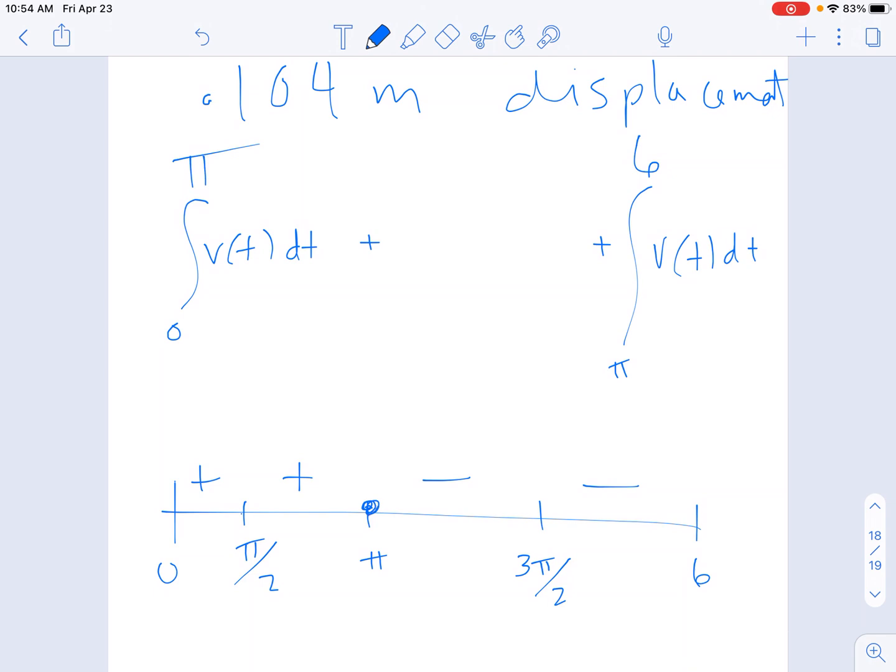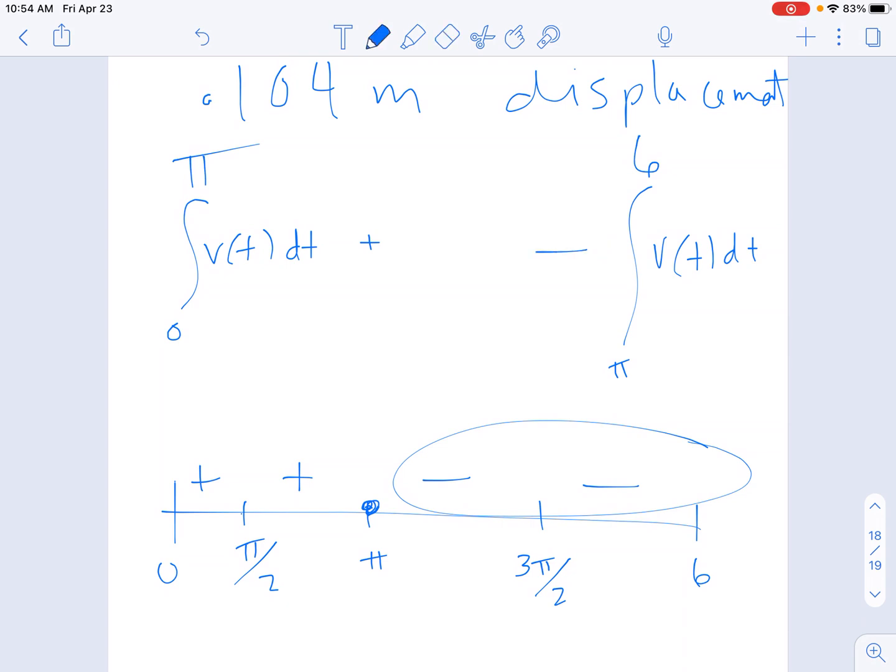And one of these is going to need to be negative. So I'm going to graph the function to figure out. Oh, I could tell right here that it's negative.